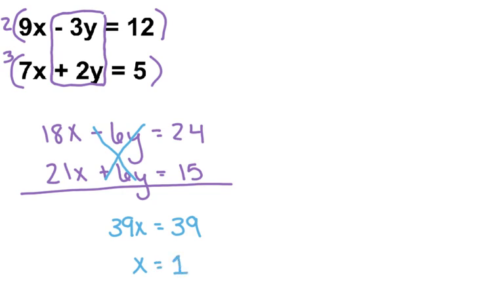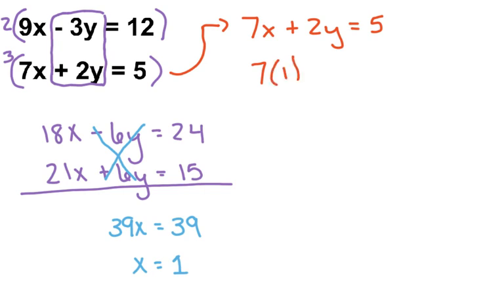I still need to find y. So I'm going to use the second equation to find y here because it has smaller numbers. So I've got 7x plus 2y equals 5. So I'm going to do 7 times 1 plus 2y equals 5. 7 plus 2y equals 5.